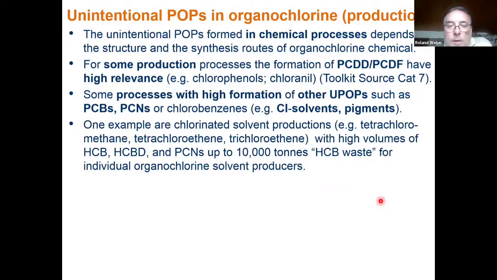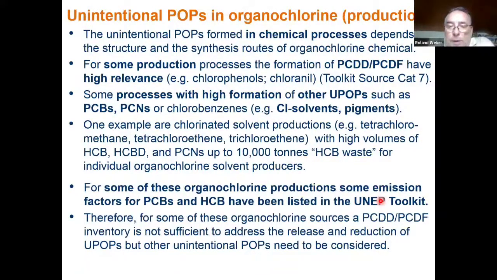But there are also some processes with high formation of other unintentional POPs like PCBs or chlorobenzene. Examples are chlorinated solvents and certain pigments. For the chlorinated solvents, I tell you this example: tetrachloromethane production, tetrachloroethane production. They have high volumes of hexachlorobenzene, hexachlorobutadiene, and PCNs, up to a total of 10,000 tons of such waste for one facility. But this facility you do not have in Oman.